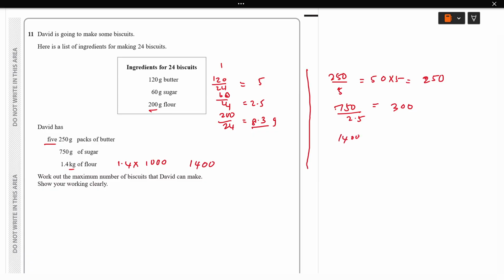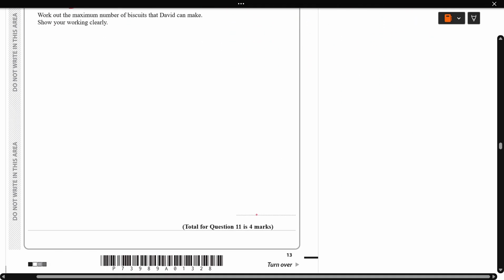So now we do 1400 divided by 8.3, which is 168. So with the butter we can make 250 biscuits. Because the ingredients work all together, the least number is 168. So all together we can make only 168 biscuits.